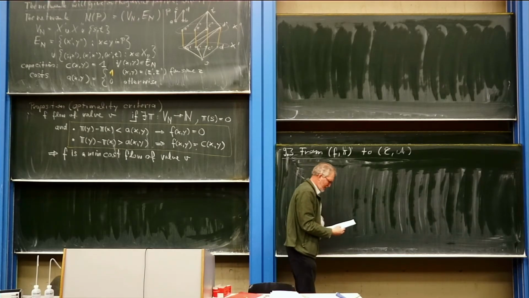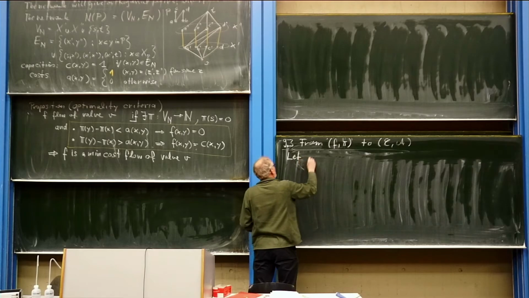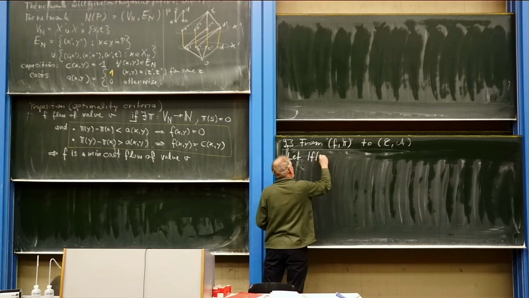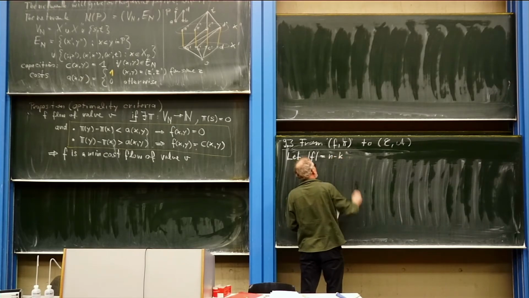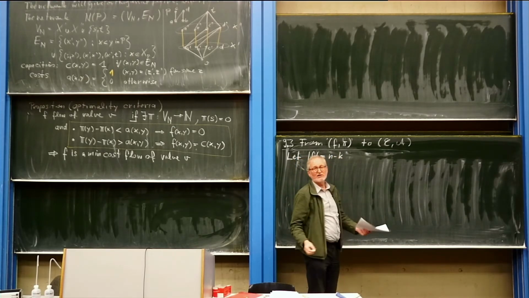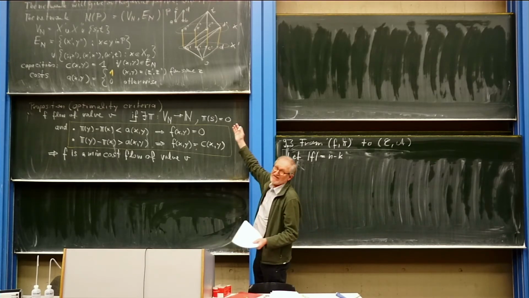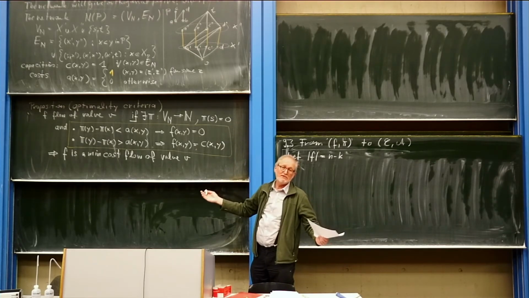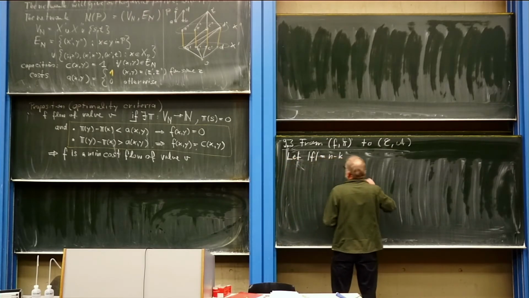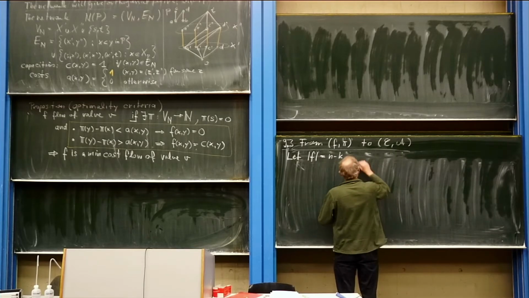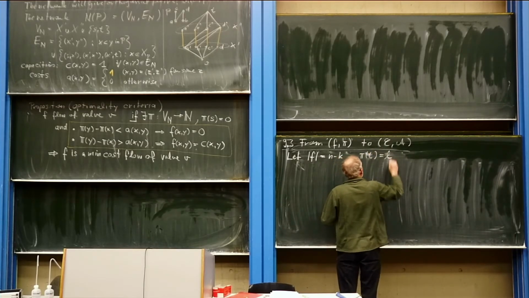Okay, now let's assume that the flow value is n minus k. We already know that there exist flows in this network for every value between 0 and n. And the potential at t shall be L.